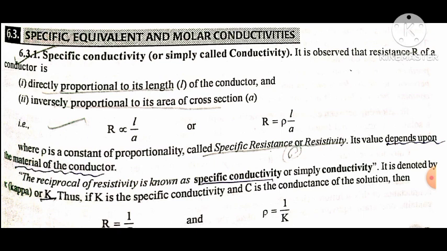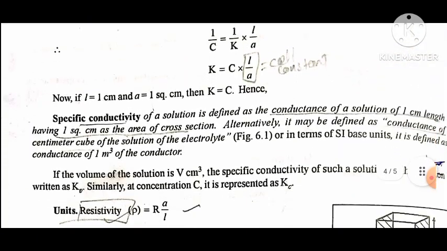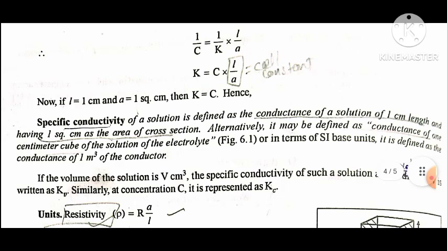Thus, if kappa is the specific conductivity and C is the conductance of the solution, then R is equal to 1 upon C and resistivity is equal to 1 upon specific conductivity. So 1 upon conductance is equal to 1 upon kappa into L upon A. So kappa is equal to conductance into L upon A. This L upon A is called the cell constant.